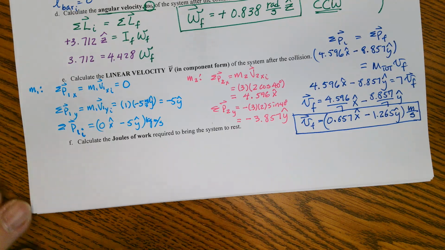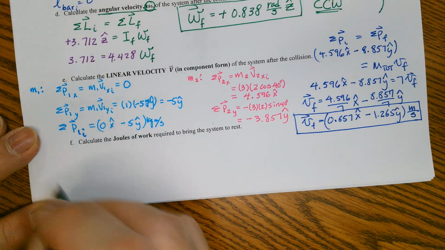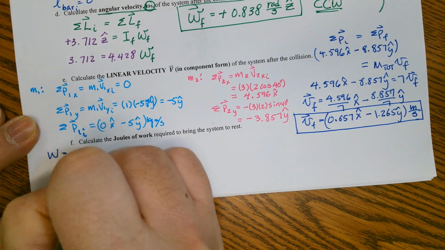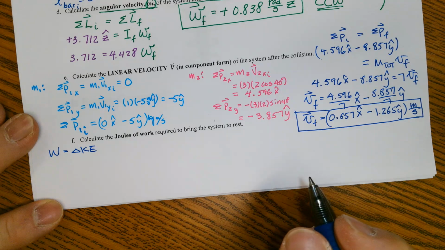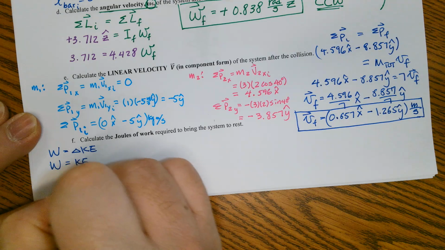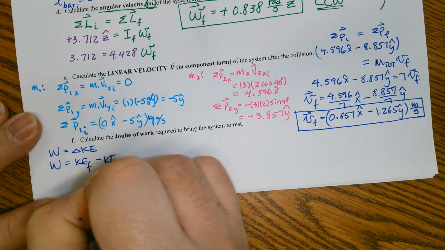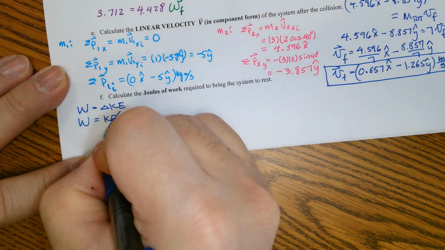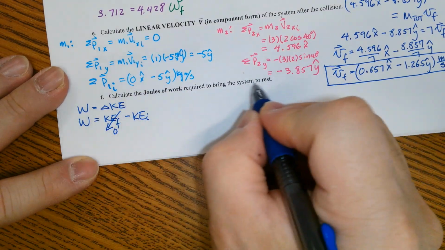So we know that work has to equal the change in kinetic energy. The work is equal to kinetic energy final minus the kinetic energy initial. We know kinetic energy final has to be 0 because we're bringing it to rest.